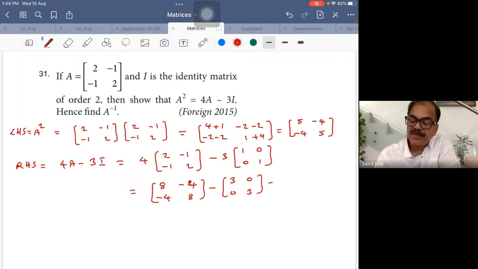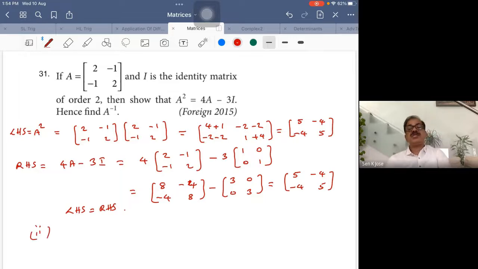I opened the bracket with 3. Now I subtract the corresponding elements. So that will give me 5 minus 4 minus 4 and 5. So LHS equals RHS.